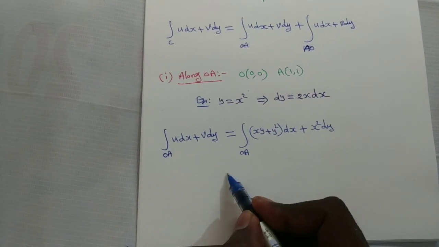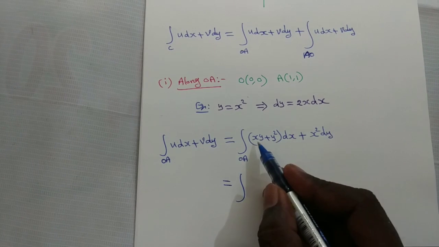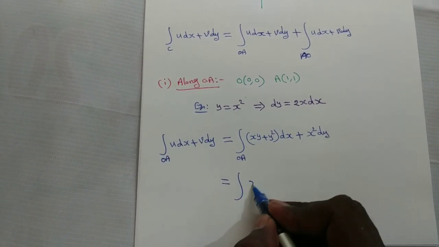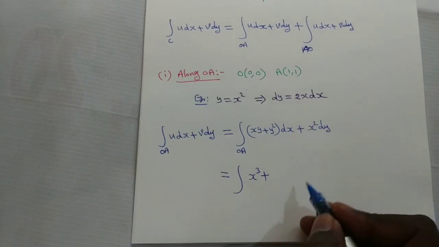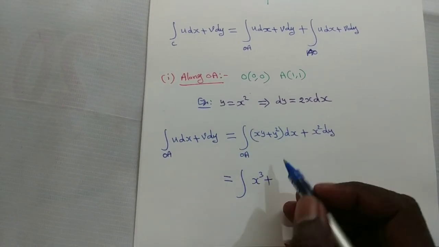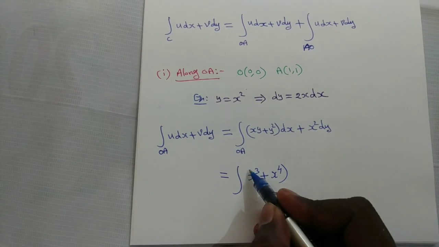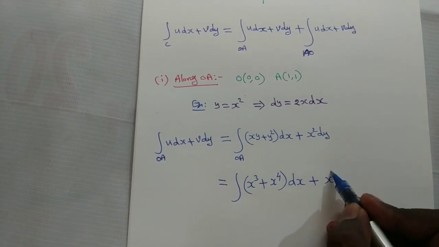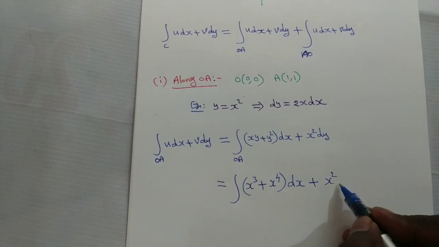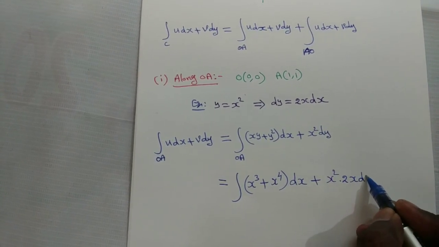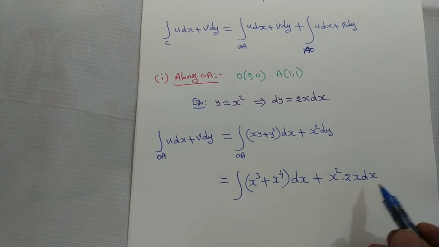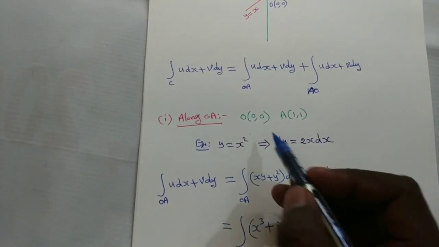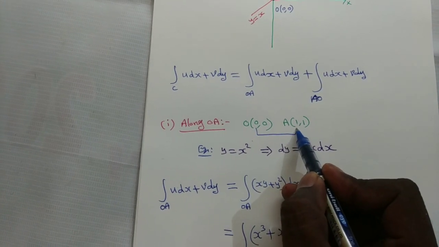So xy, with y as x squared, gives x squared times x, which is x cubed, plus y squared, which is x to the power 4, into dx, plus x squared into dy. What is dy? It is 2x dx. Now it is converted into the single variable x, and now I want the limit for x. So here the limit for x is 0 to 1.